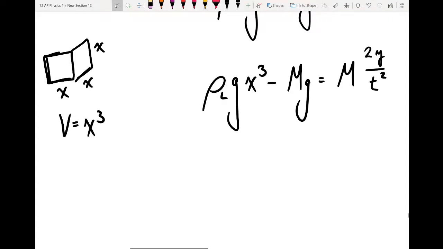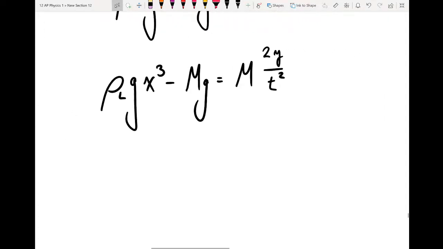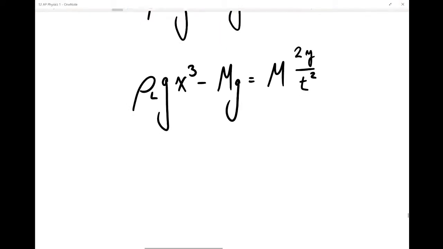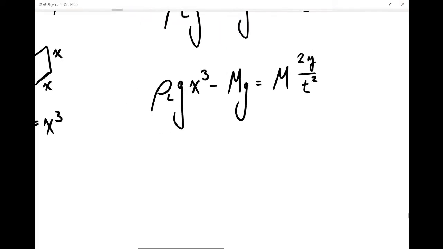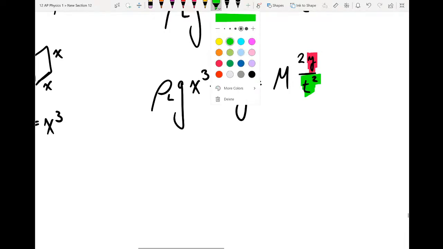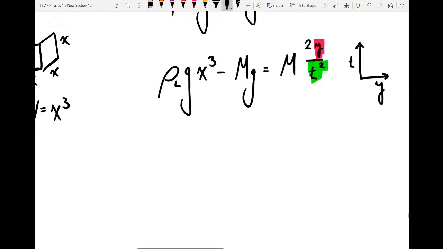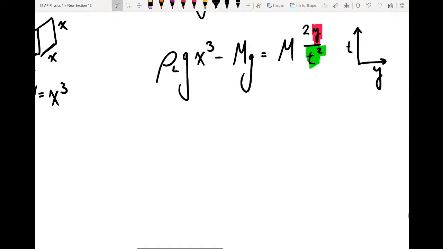Thinking about what I'm able to measure or control or change in this experiment, I'm able to change the height that I'm dropping it from, and I'm able to measure the time. So I want to set something up that's saying as we change y, which is probably easier, how does t change? So I kind of want to move some things around.